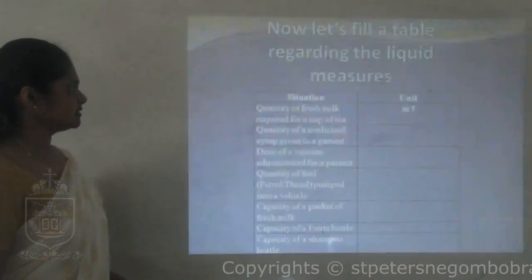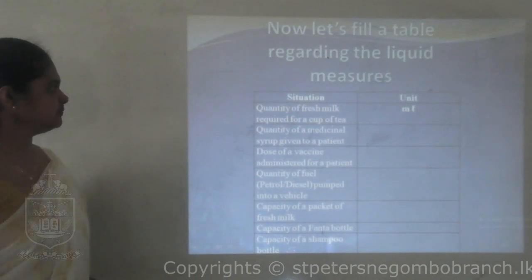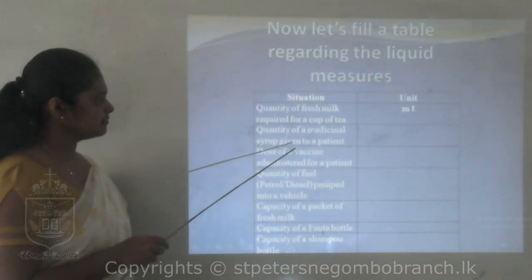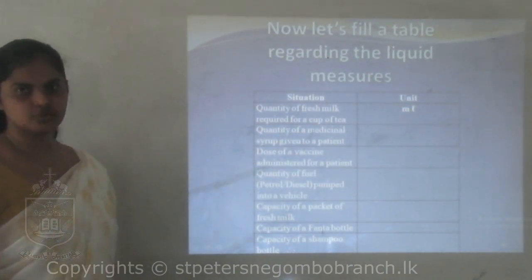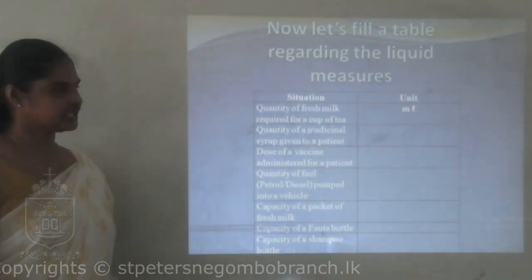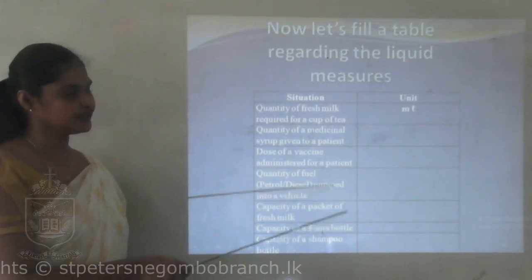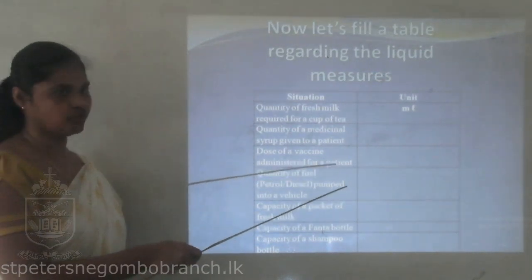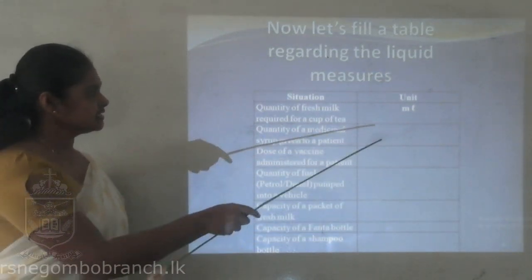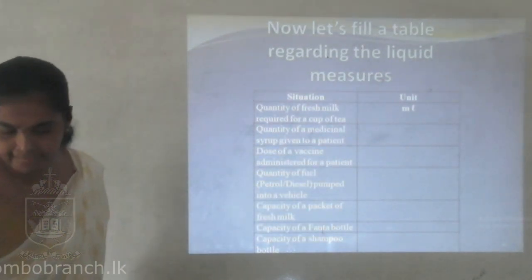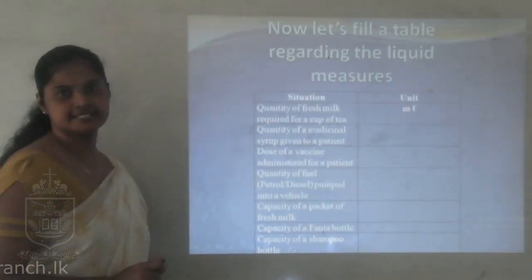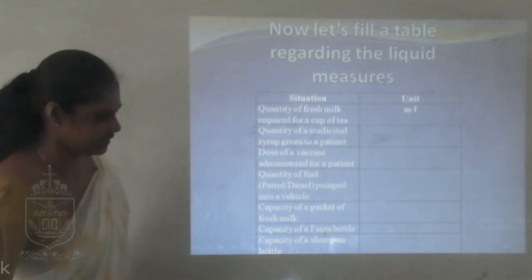Right. So we will go back to the table. Quantity of a medicinal syrup given to a patient. Now you know that when you are sick, you get a small syrup, especially your small brothers and sisters. So normally we use milliliters for that. Okay.